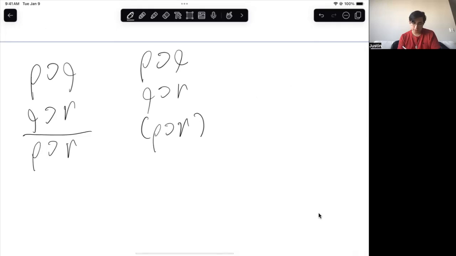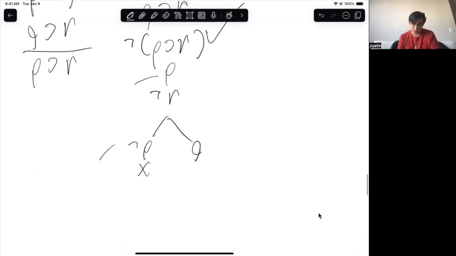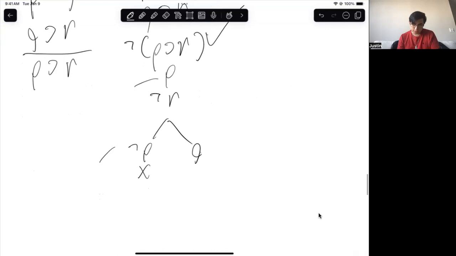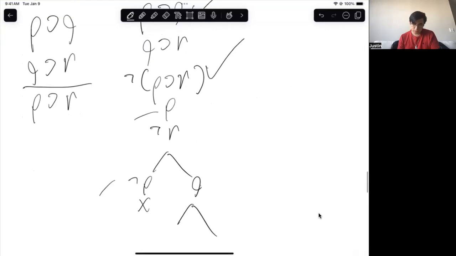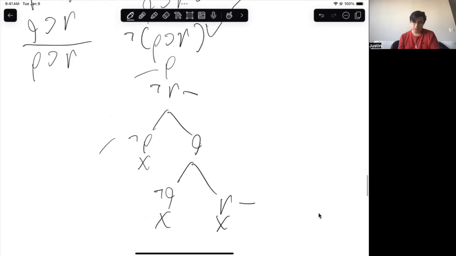So this would be this. Not P, and there's Q. This is a contradiction. Actually, no, this is the contradiction. And then you branch to this one. So then it's not Q. This is a contradiction. Then it's R. This is the contradiction. So this is a valid form.